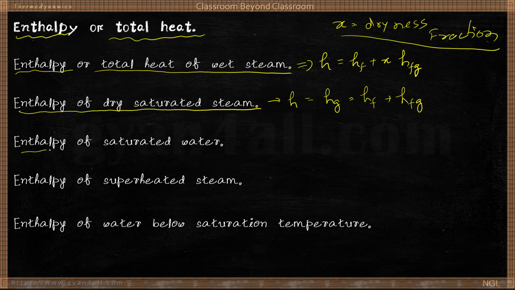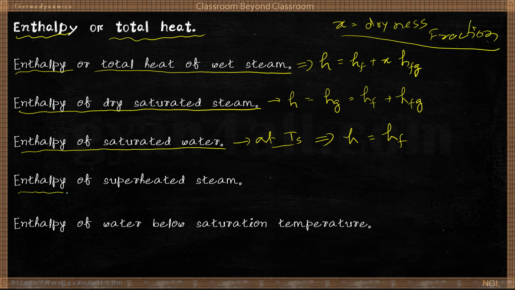We have also discussed the enthalpy of saturated water. That means at saturation temperature, the total heat is equal to the sensible heat of water, HF, saturated water, point B in our previous diagram.